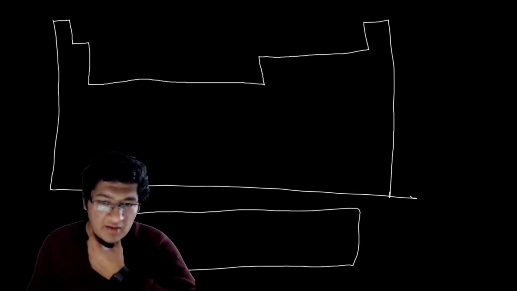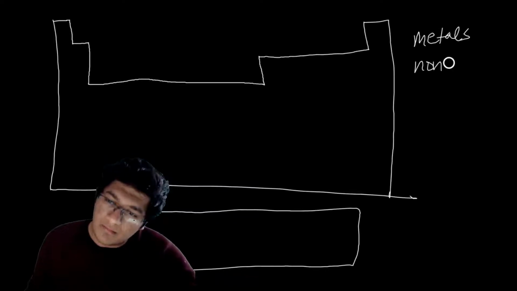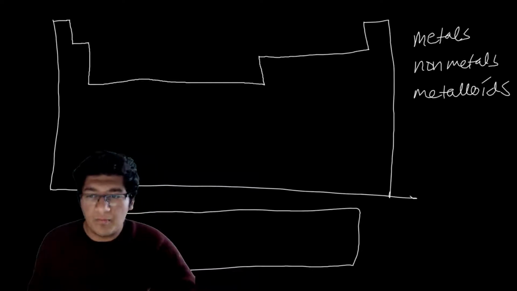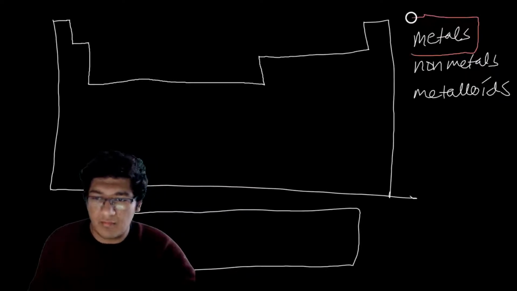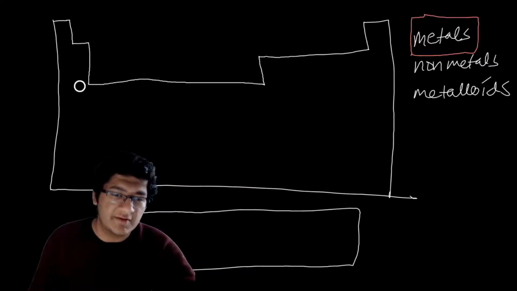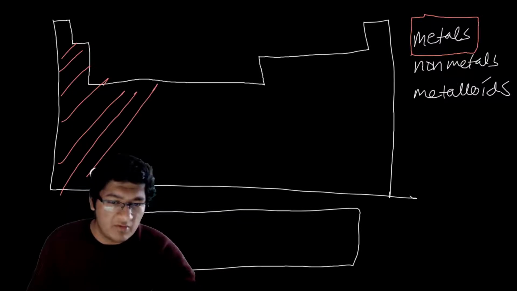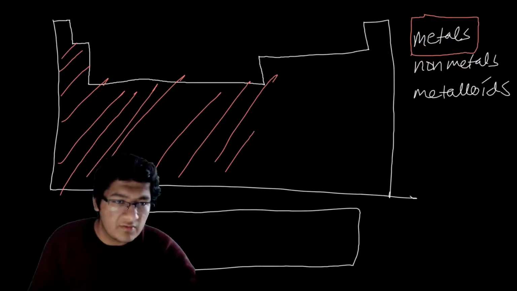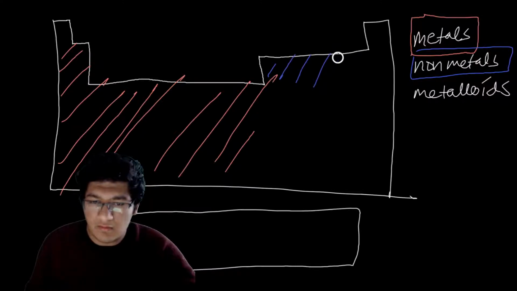So metals and nonmetals and metalloids. Metals, non-metals. I'm just going to color code it with red, because red means positive, and usually metals have cationic form. Metals will mostly be present in this area, whereas non-metals will mainly be present in this area.